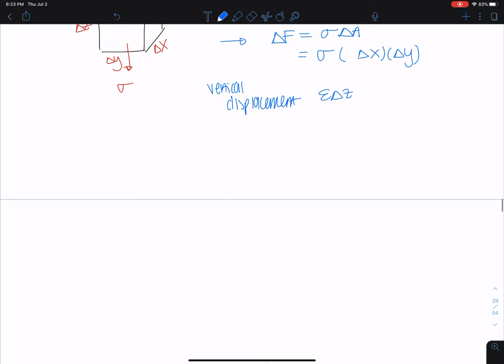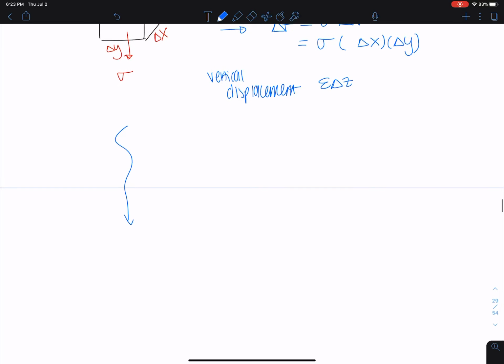Okay, and what happens here is this force increases uniformly from 0 to some final magnitude.